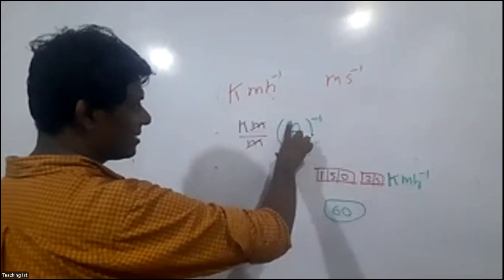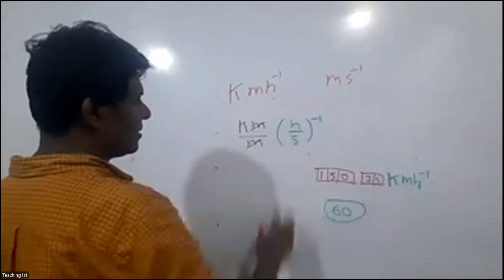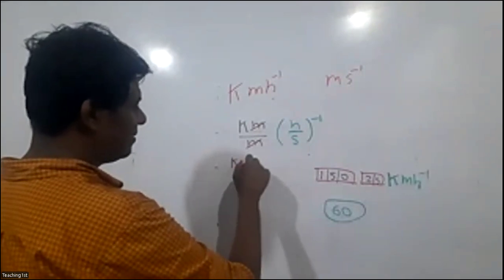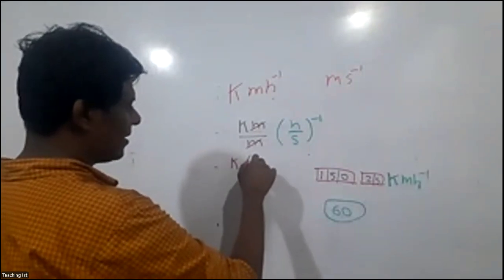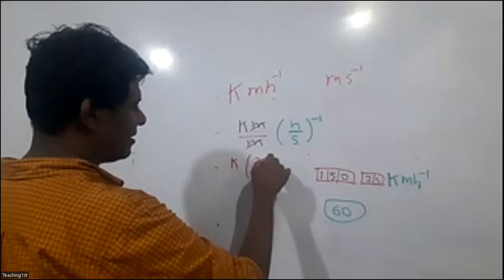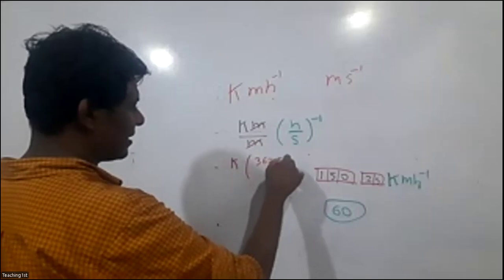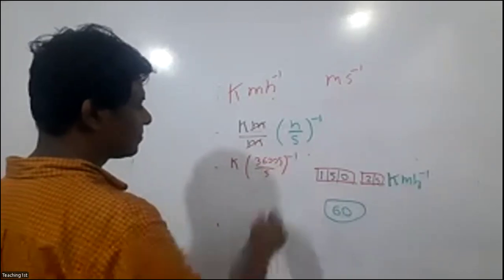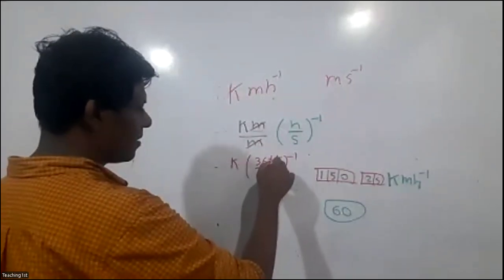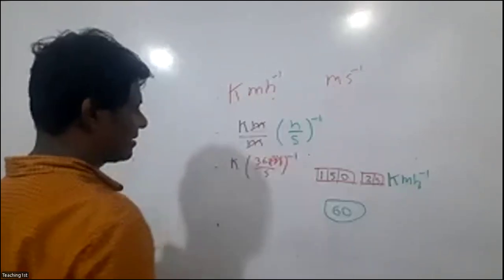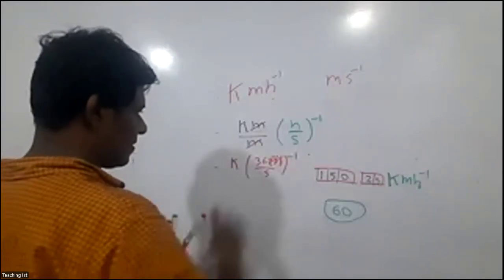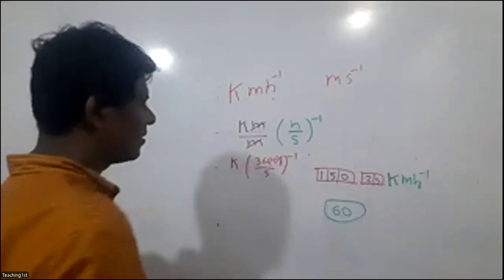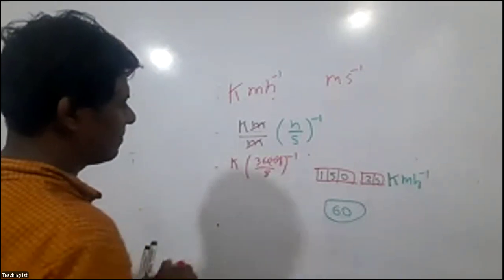So you have to convert these hours to seconds. Here, one hour is 3600 seconds. Second and second gone.